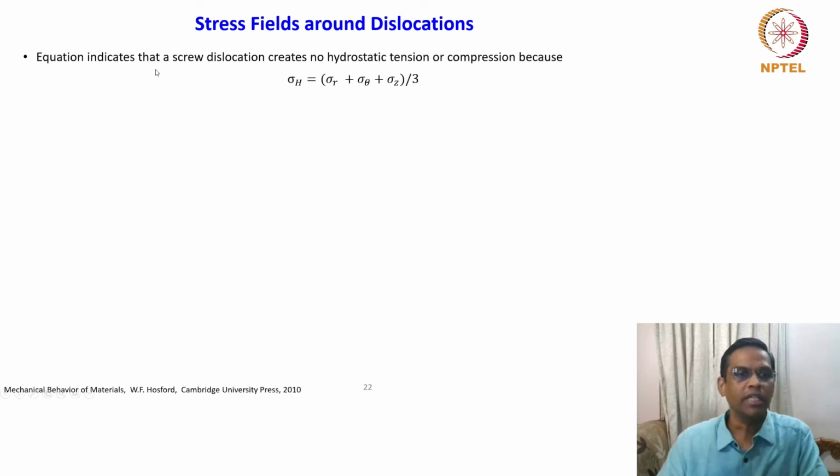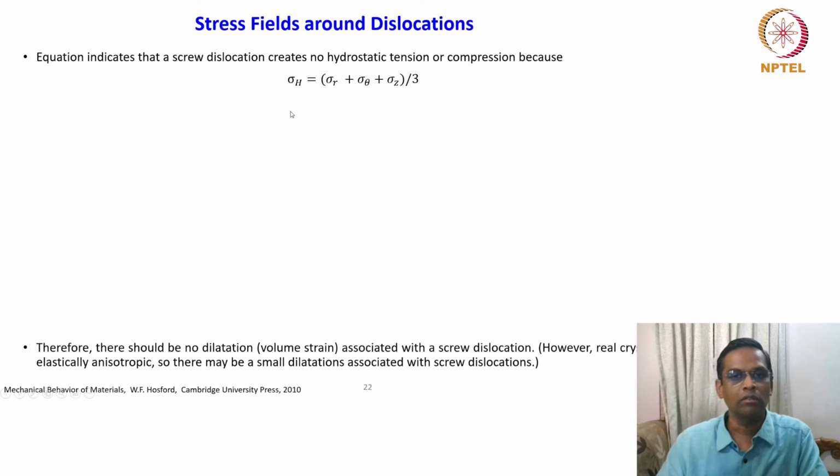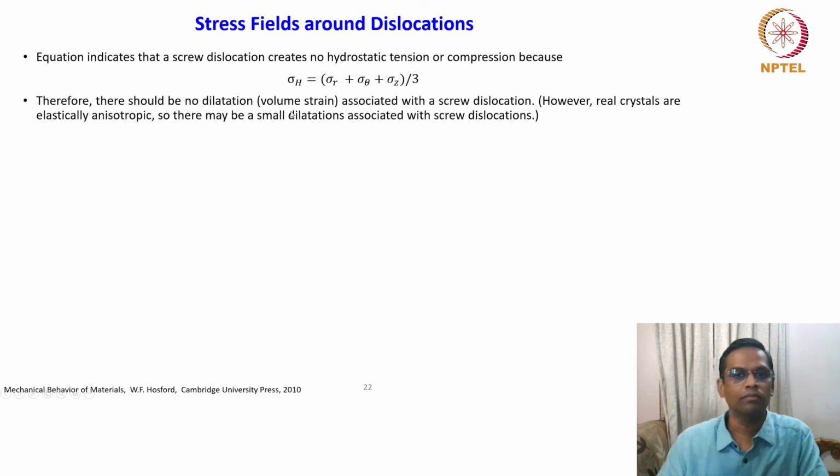The above equation indicates that the screw dislocation creates no hydrostatic tension or compression, because the hydrostatic stress is defined as sigma r plus sigma theta plus sigma z divided by 3. Here we are talking about r equal to 0. Therefore, there should be no dilatation or volume strain associated with a screw dislocation.